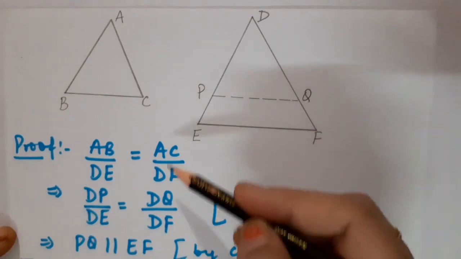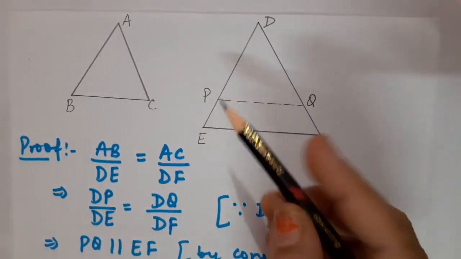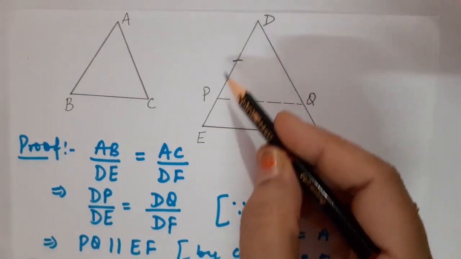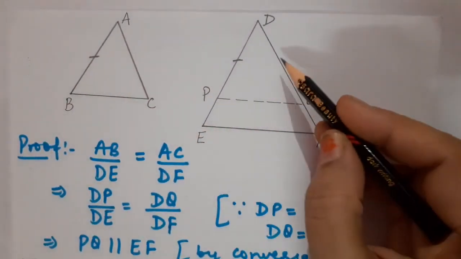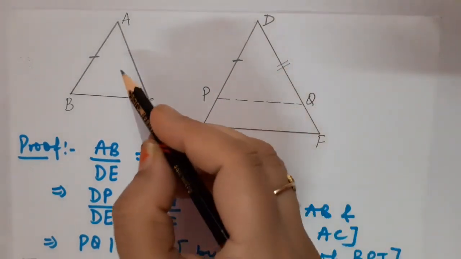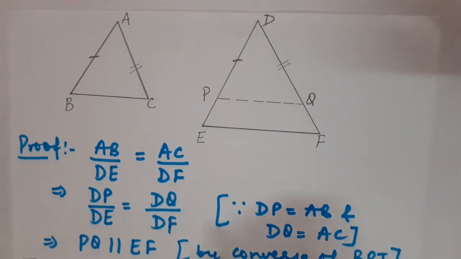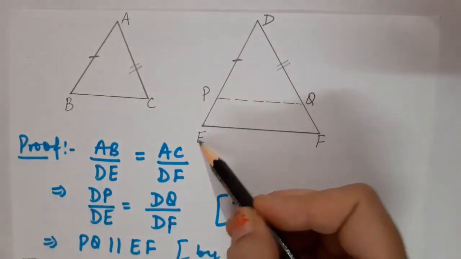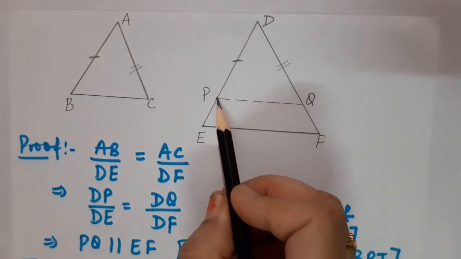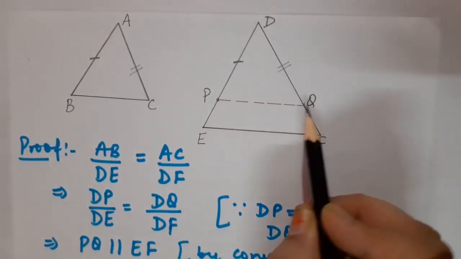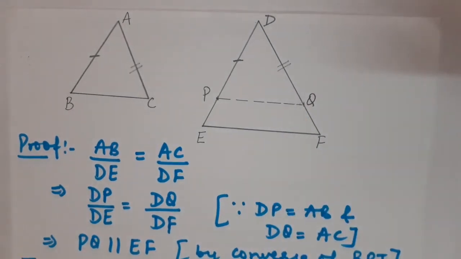DE is the complete side. DE is cut such that DP is equal to AB, and DQ is equal to AC. This I have taken in construction. When I cut DE as well as DF, I got two points, point P and point Q, and I have joined PQ. Now let us start its proof.